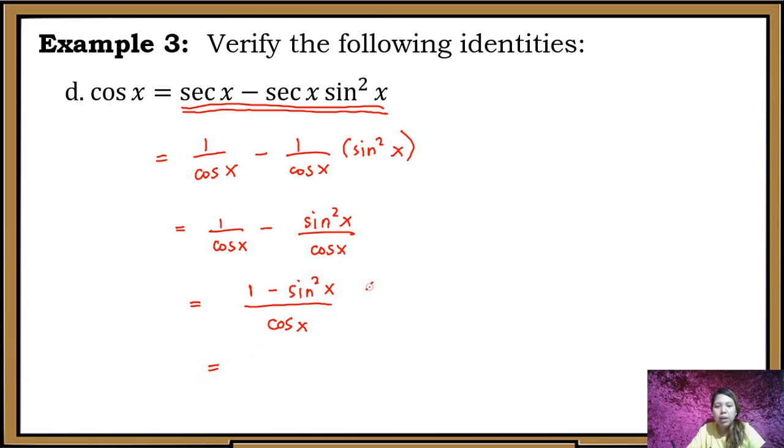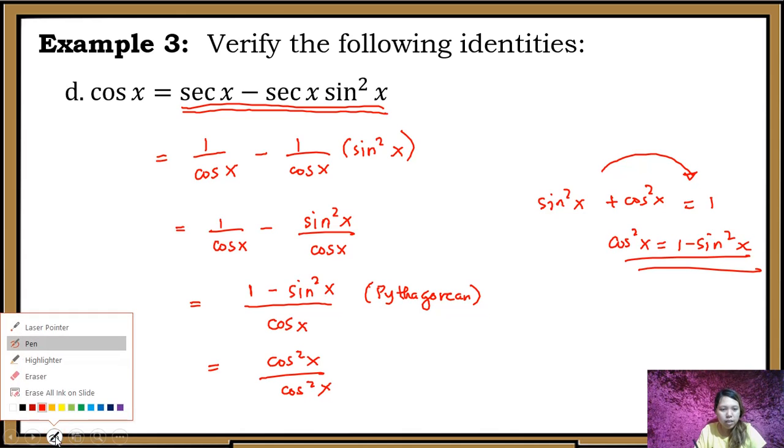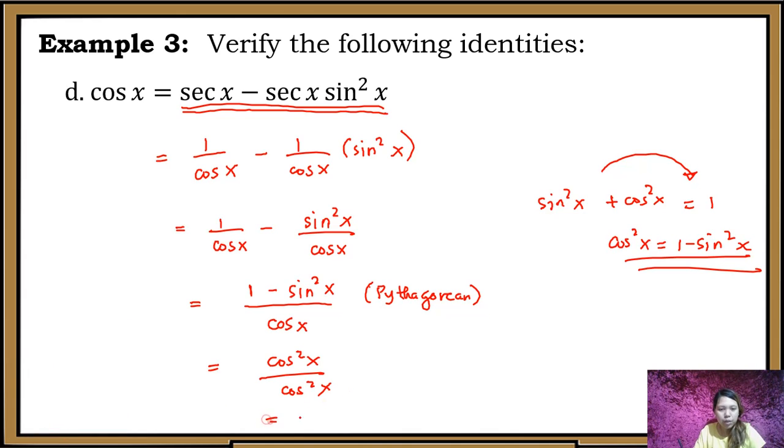And you know, this is Pythagorean, because sine squared x plus cos squared x is equal to 1. We transpose our sign here, so cos squared x is equal to 1 minus sine squared x. So this is your identity. So this is cos squared x over cos x.